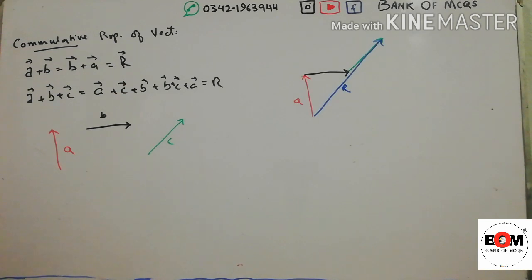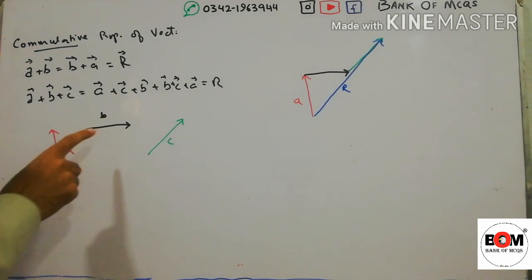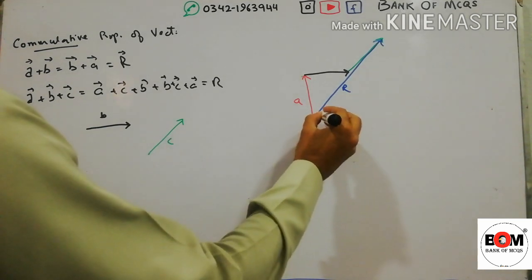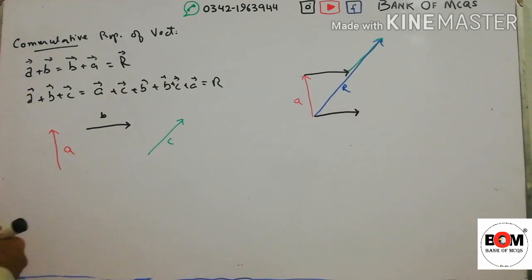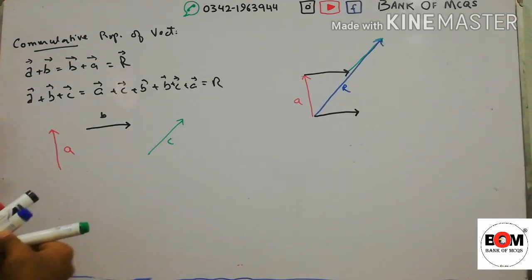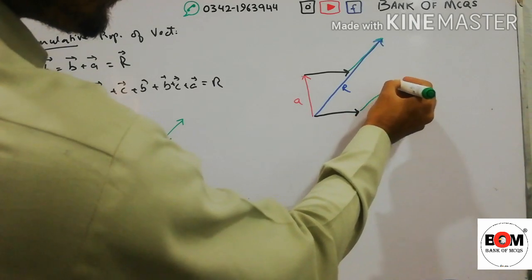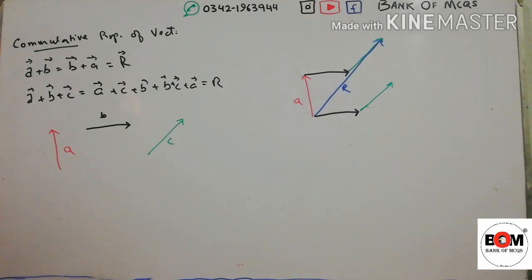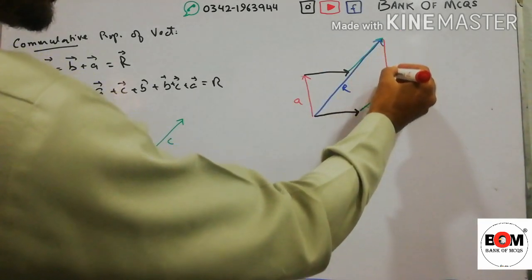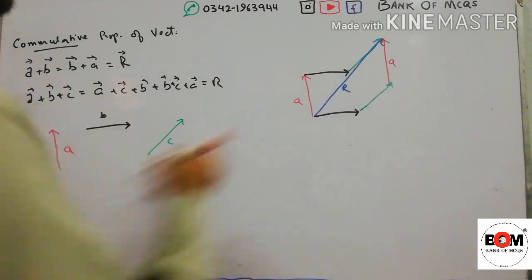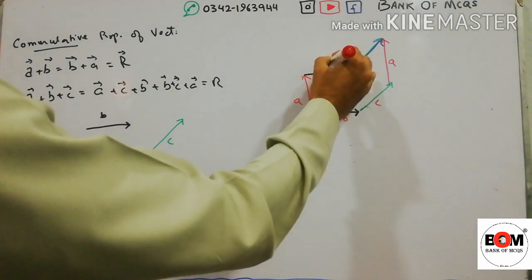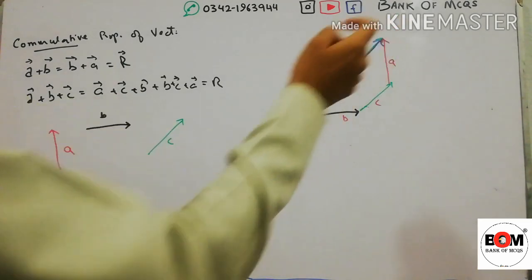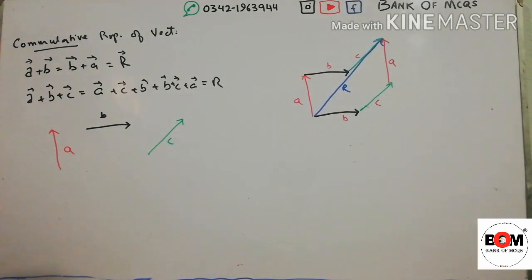Now in the second way, if I add b, c, a, if I first draw b, then I draw c, and then I draw a. The result is the same. If you add abc or bca, this will give us the same result.